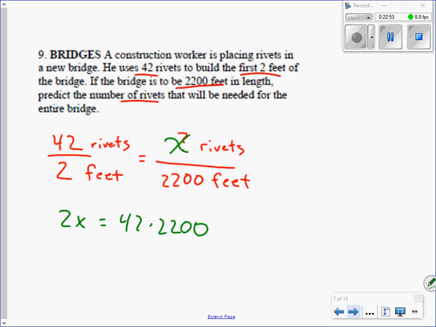Divide by 2. Put it in piece by piece or all at one time. X would be 42 times 2,200 divided by 2. It should come out, typing in the calculator right, to 105 rivets. Everybody agree? Anybody agree? Anybody do it? Okay, good.